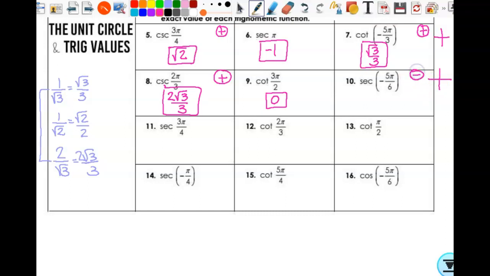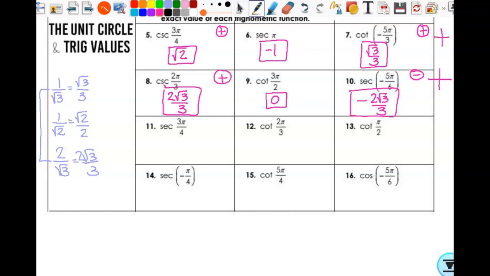Negative, okay? And then the cosine of pi sixths is what? Square root of 3 over 2. So this becomes negative 2 square root of 3 over 3.